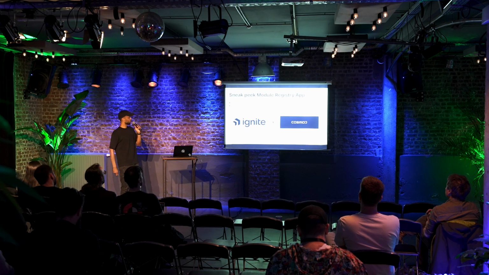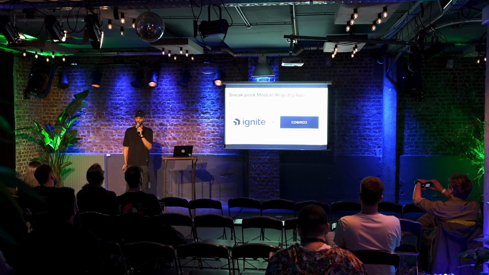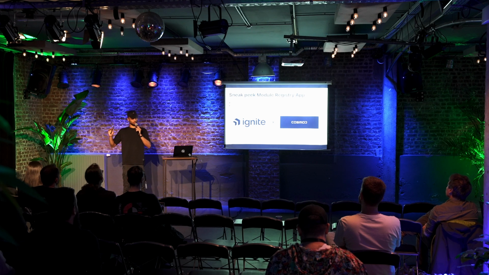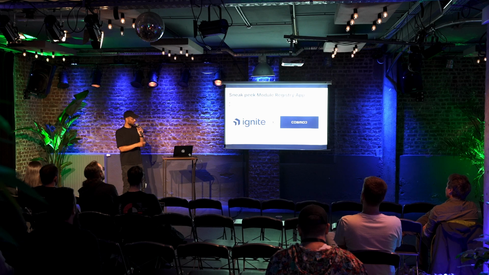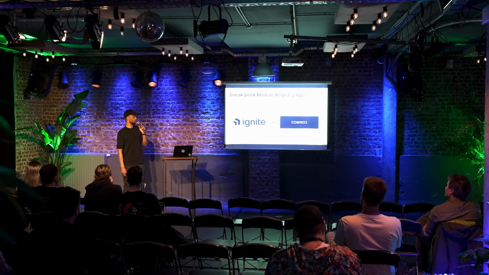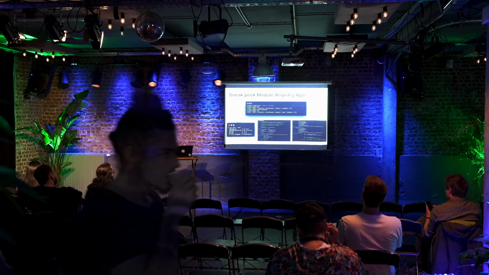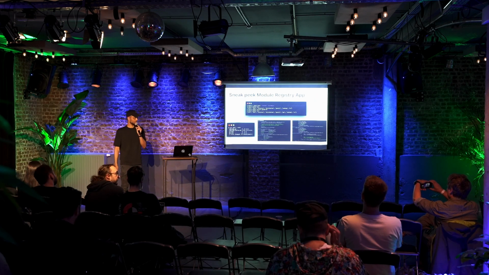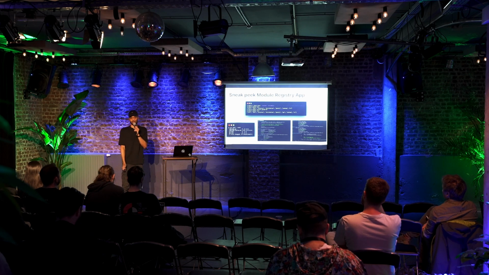So a sneak peek at the module registry: basically it uses the scaffolding API as I mentioned, and there is a module registry called Cosmod that will combine all the modules and have a website to be able to discover Cosmos SDK modules. And we are using this module registry to build an app. Basically what it does is you're able to scaffold your chain without any modules, and then you can see a minimal chain with the minimum modules required.